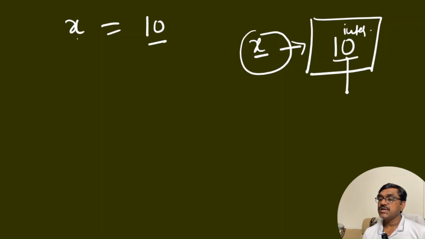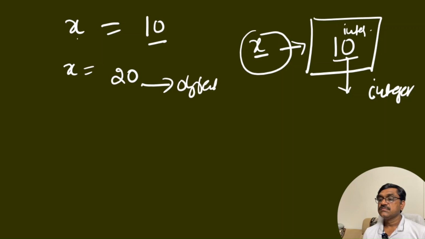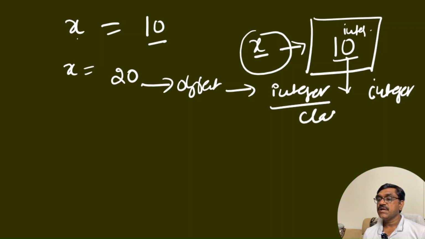10 is the object which is derived from the class integer, right? For example, if you take x equals 20, 20 is also an object, but it is an integer. In this case, integer becomes the class and 20 becomes an object.